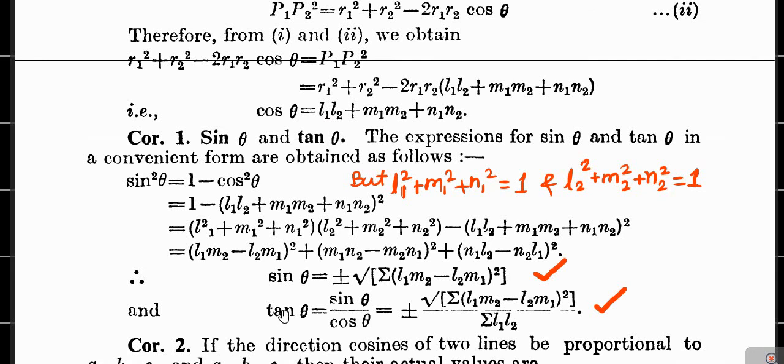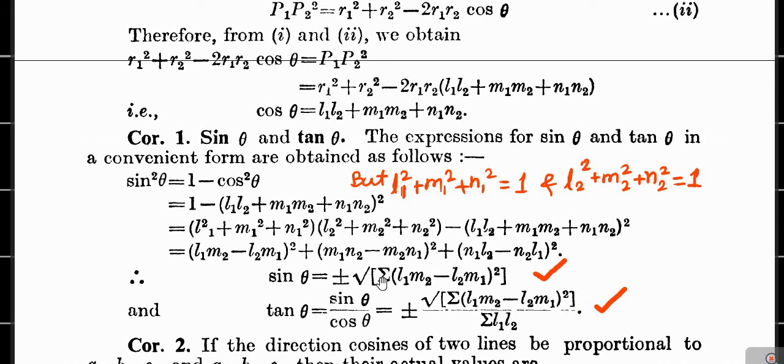Then we have also shown that if L1, M1, N1 and L2, M2, N2 are the direction cosines of the two lines, and if theta is the angle between those two lines, then sin theta is equal to plus or minus square root of summation (L1 M2 minus L2 M1) whole square.